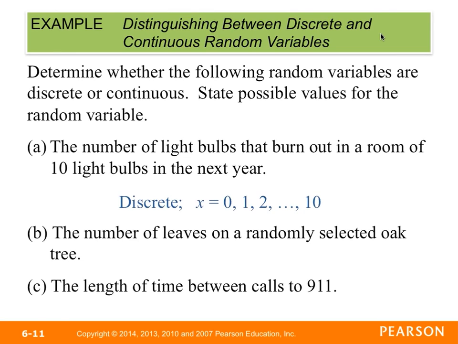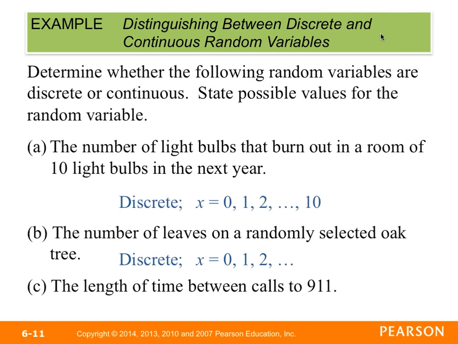It's going to be somewhere between 0 and 10 because there are going to be 10 light bulbs in the room. Next, the number of leaves on a randomly selected oak tree. Again, we can count these. We don't really have an upper bound that we can put though. For the last one, we could put 0 to 10 because we knew there were going to be 10 light bulbs in the room. This one, we can't really put any upper bound because we don't know the maximum number of leaves.